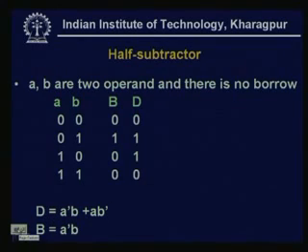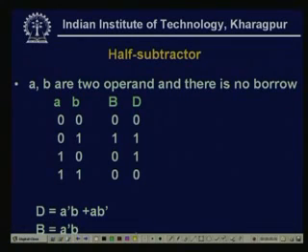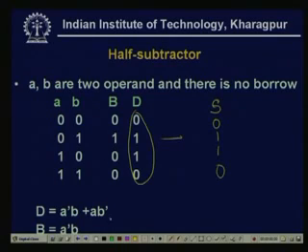We can notice that this D value is the same as the sum of the addition operation. For the sum also it is 0 1 1 0. This we have already seen in the last class is nothing but a 2 input XOR, A dash B plus A B dash.